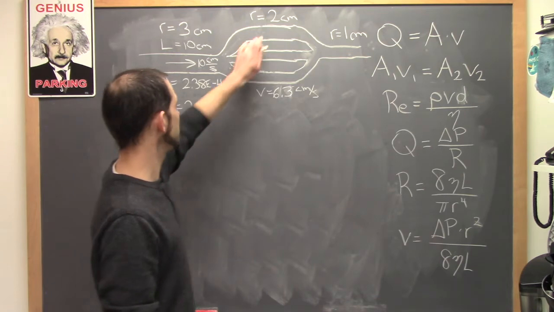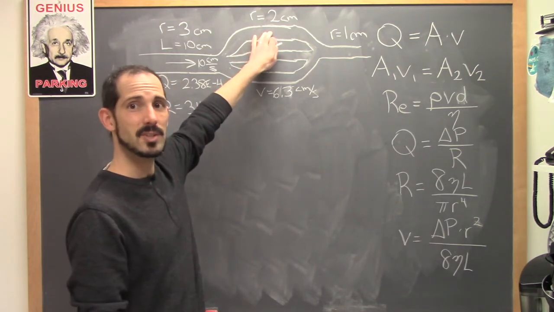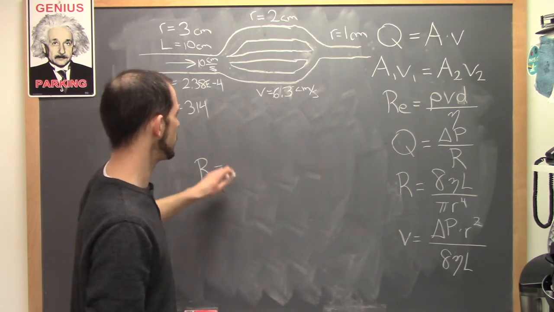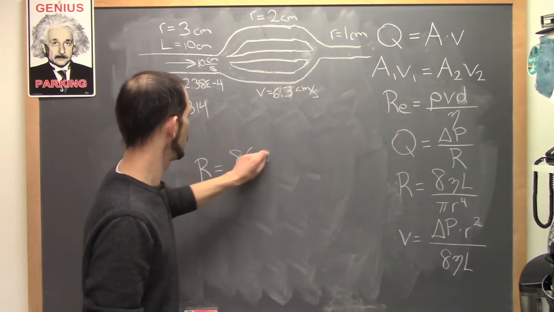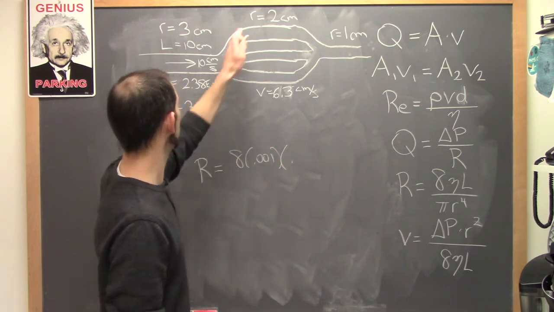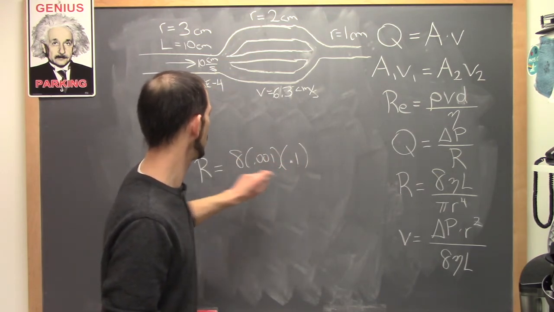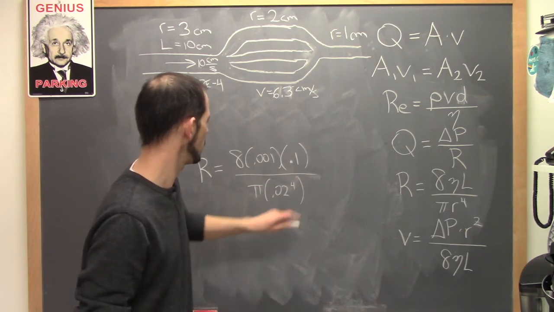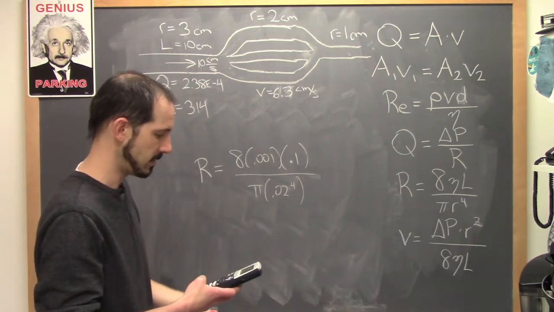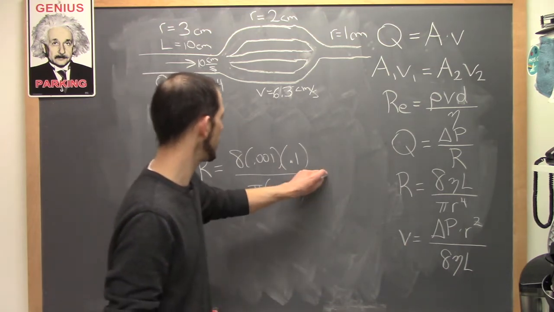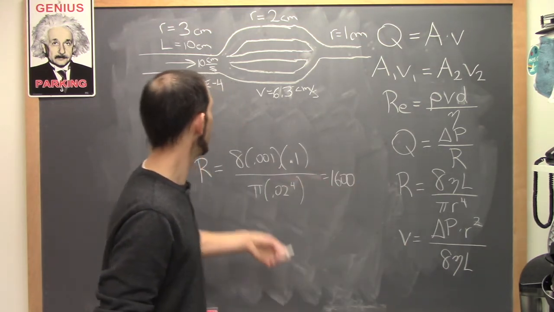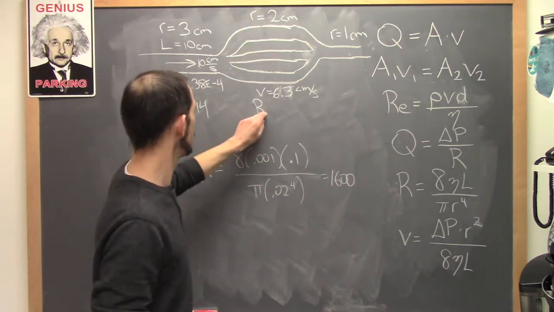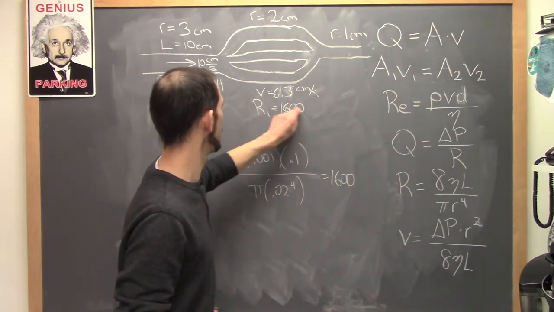So now we need to find the resistance of just one of these pipes here, which I think should be that 1600 that we had in the previous video example. So 8 times 0.001, I'm assuming a length of 0.1 again, and then pi times 0.02 to the fourth. Change that up, and 1592. Yeah, we'll call that the 1600 value. So R for one of those pipes is 1600.